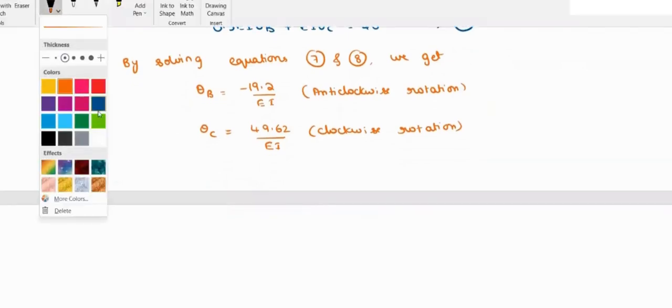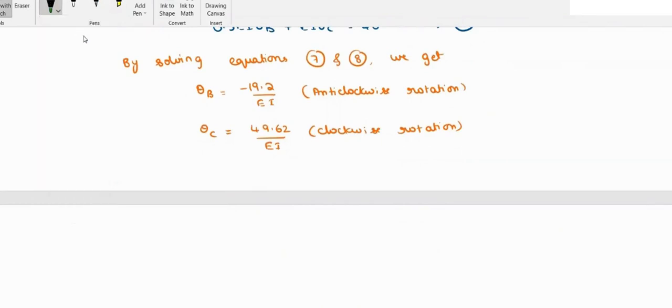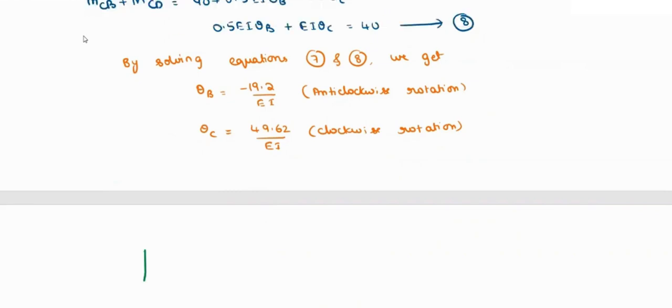So just I'll show you how to draw an elastic curve. So this is a beam we are considering, A, B, C, D. Okay.